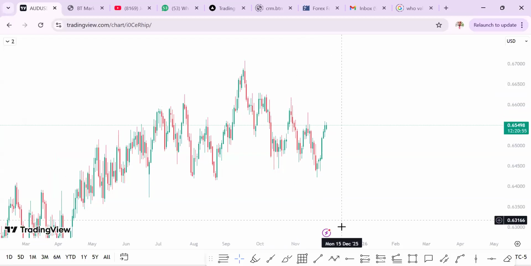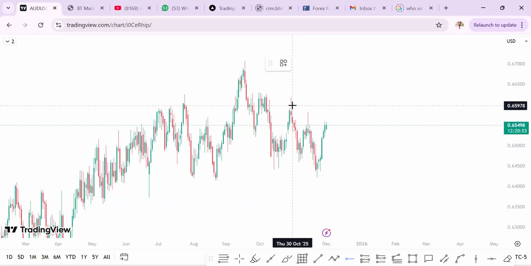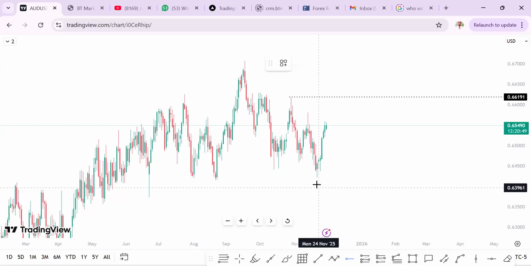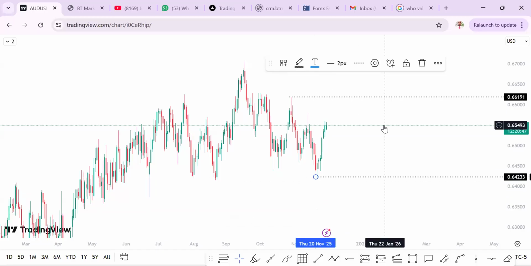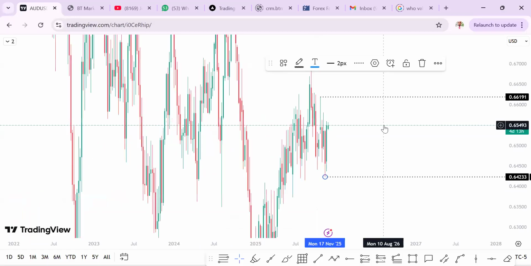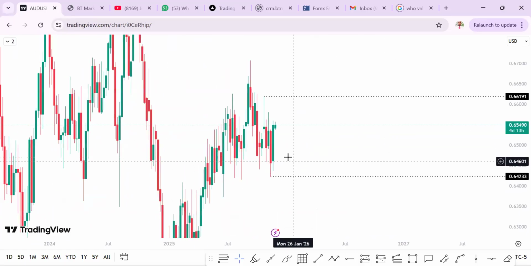This is the swing high we want to work with now, and here's our swing low. Let's look at what the weekly profile says. Even on the weekly, we can see we closed very bullish last week. So there may be room for more pushing up this week.